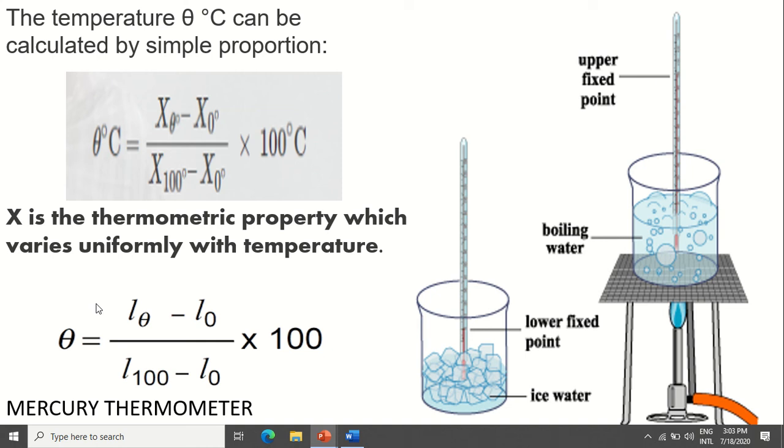So for mercury thermometer, this equation can be written in this way. Theta equal to L theta minus L naught, or L 0, divided by L 100 minus L naught.